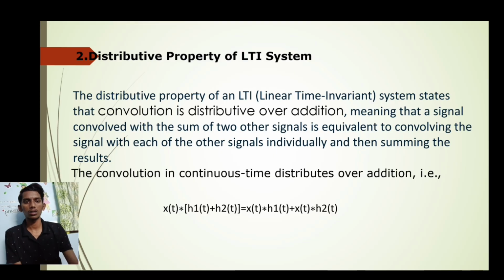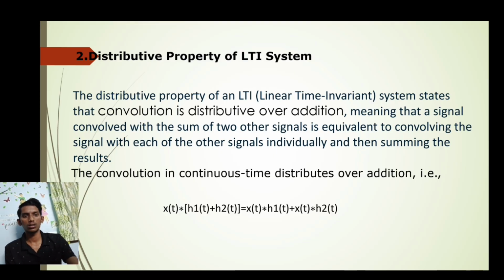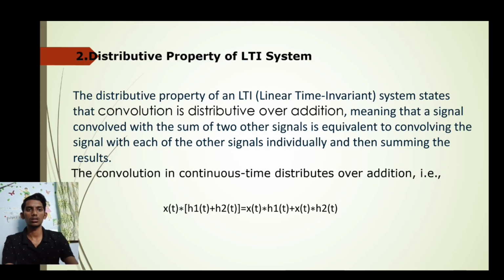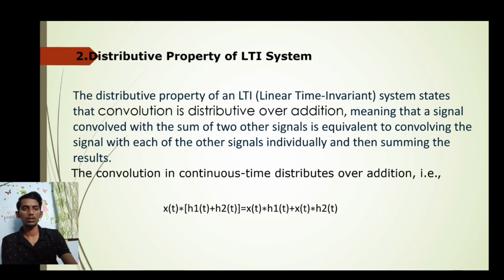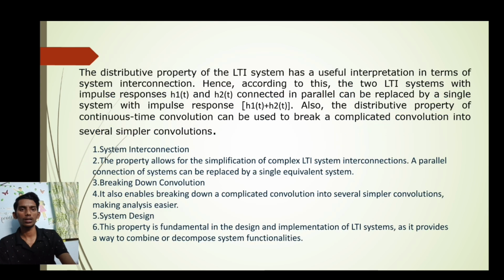The convolution in continuous time distributes over addition, that is x of t convolved with h1 of t plus h2 of t equals x of t convolved with h1 of t plus x of t convolved with h2 of t.